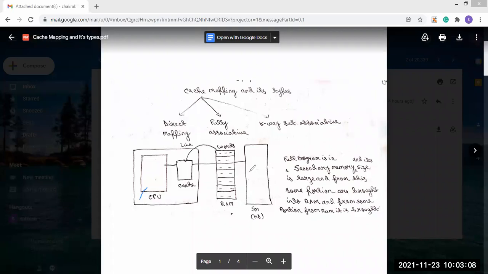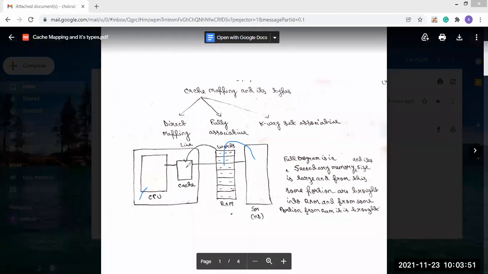So how will we do it? From the full program stored in the secondary memory, some portion of the program will be brought to the RAM, and from the RAM some portion will be brought to the cache memory, because cache memory storage is very much less.